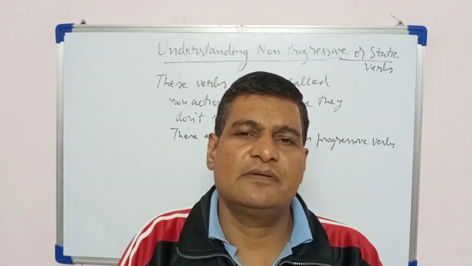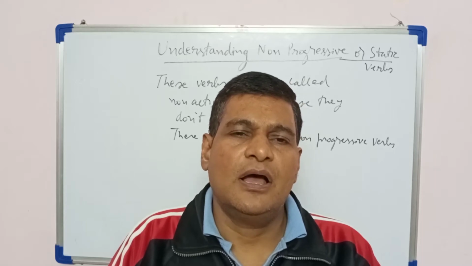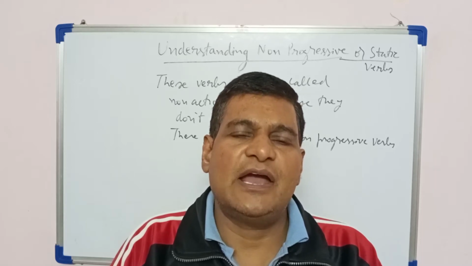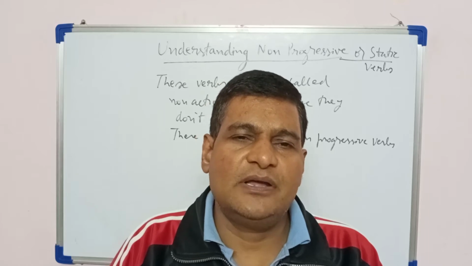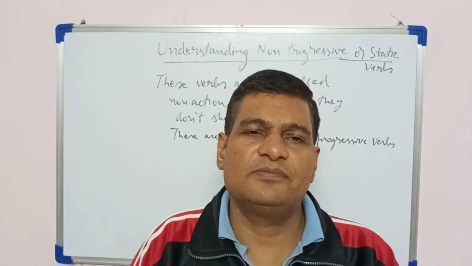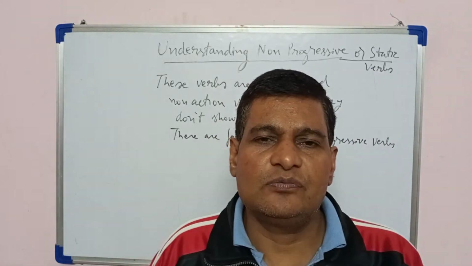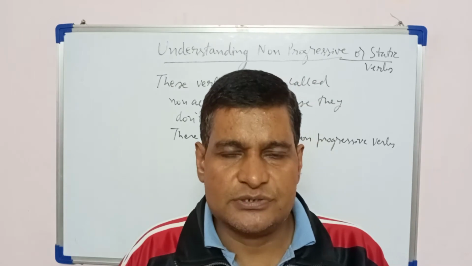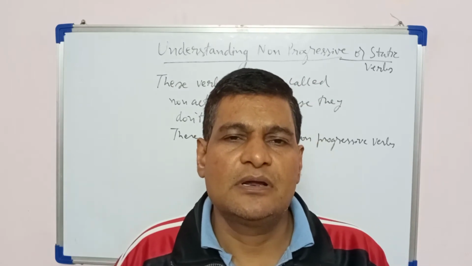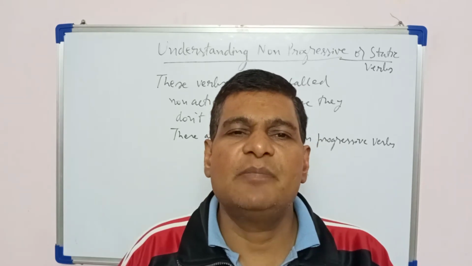As the name suggests, these are non-action verbs and these don't show any action. That's why these are called static verbs. These are of 4 types: verbs of senses, verbs of feelings and emotions, verbs of possession, and verbs of activity or the mental state.